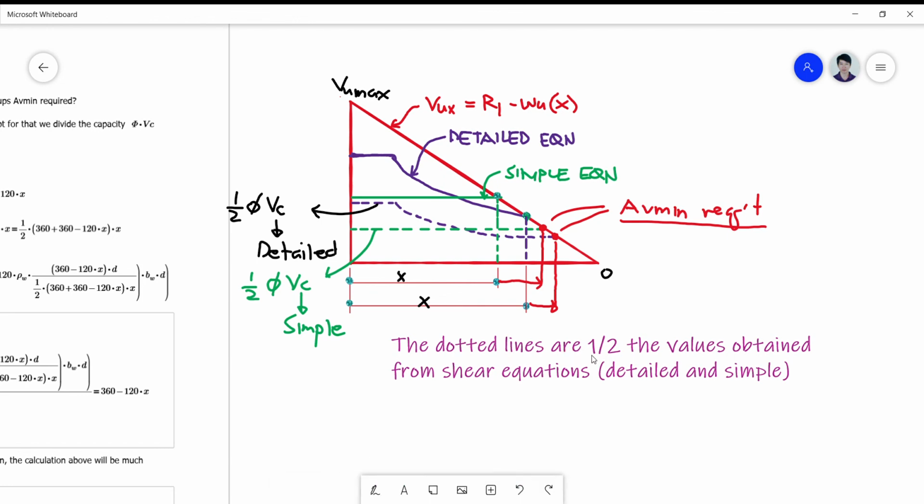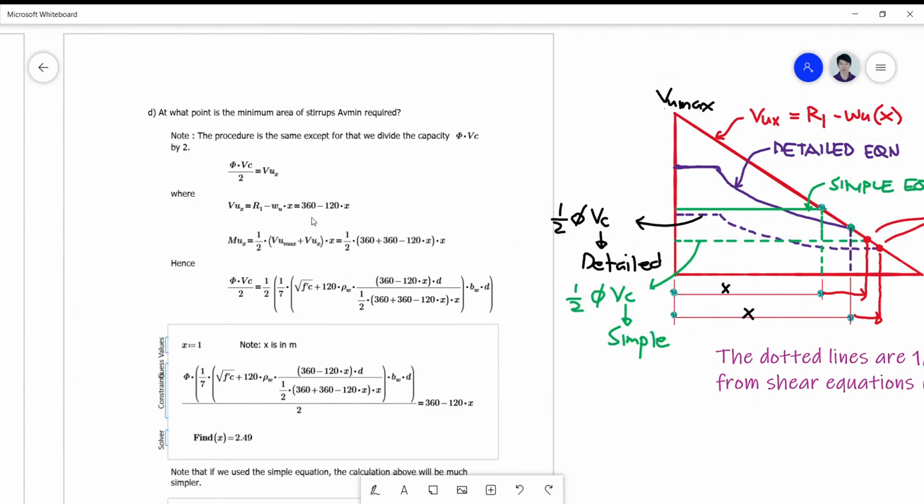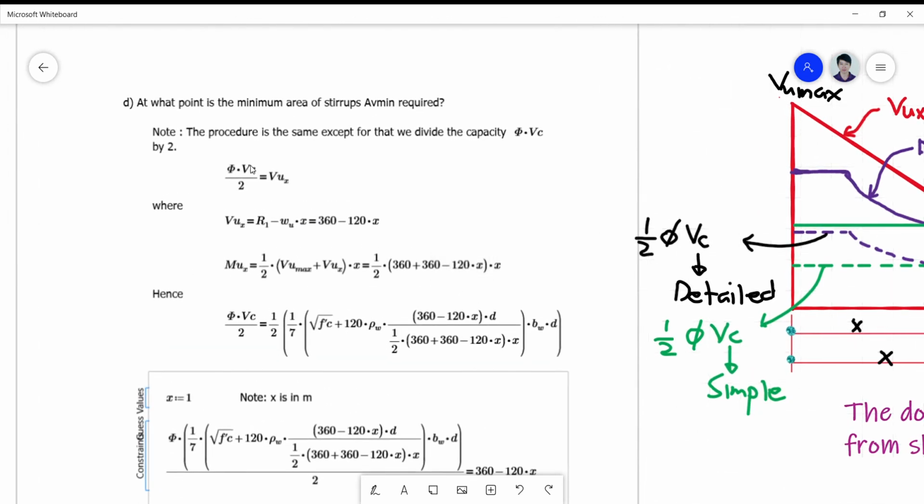The dotted lines are 1/2 the values obtained from the shear equation, which are the detailed and the simple shear capacities. So all you have to do again is just to plug in your value of phi VC, but this time you divide it by 2 and equate it to VUX.